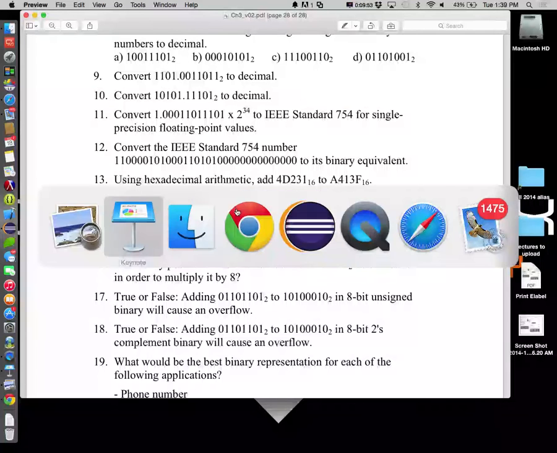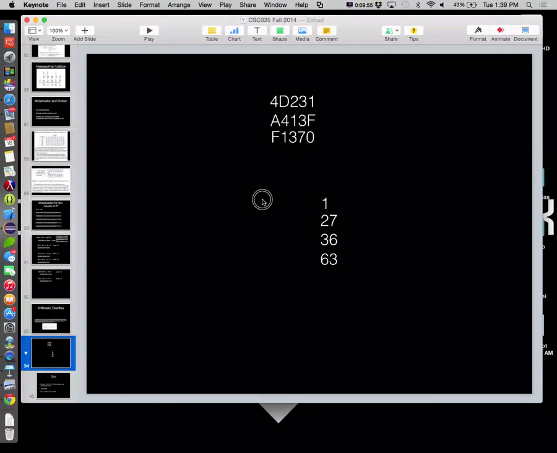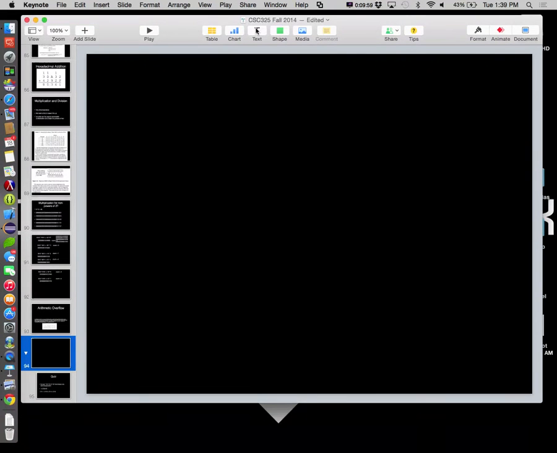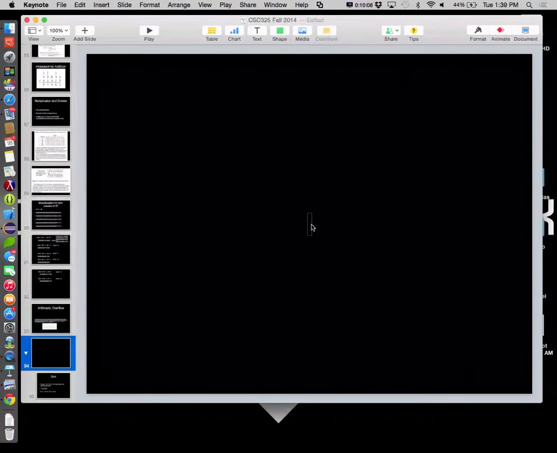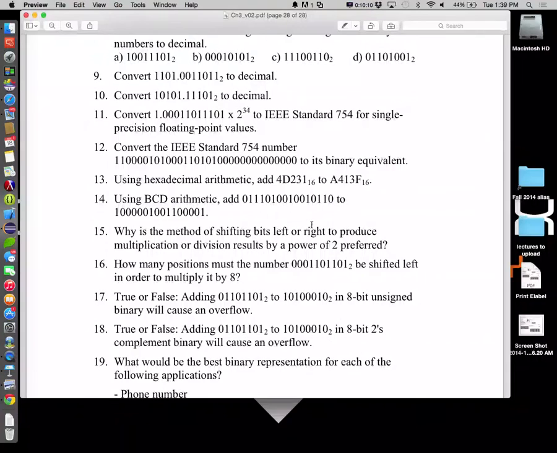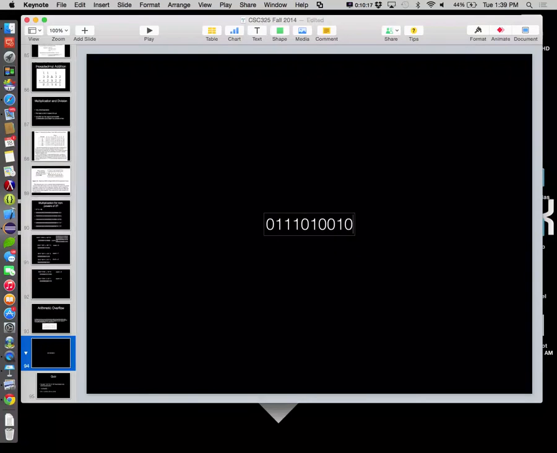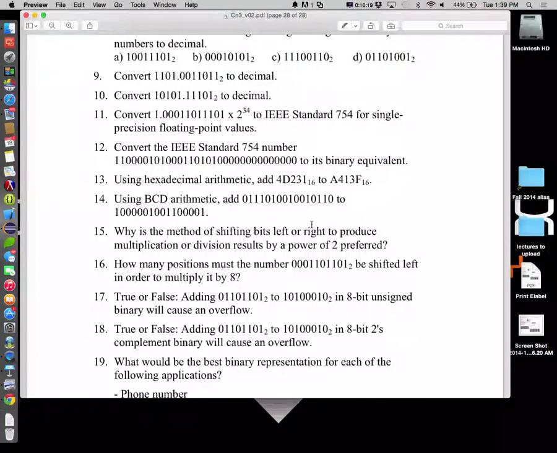All right, we're going to just do this. So that's 0, 1, 1, 1, 0, 1. 0, 0, 1, 0, 0, 1. 0, 1, 1, 0.